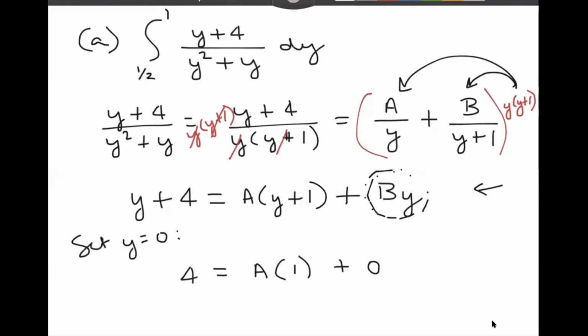Oh, I think I know what a is. I think a has to be 4. All right, so what would be another good value of y to make a whole entire term drop out? Well, how about y equals -1? We'll make this whole entire term drop out.